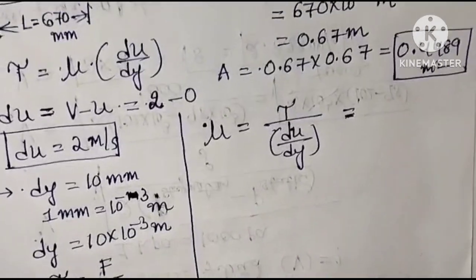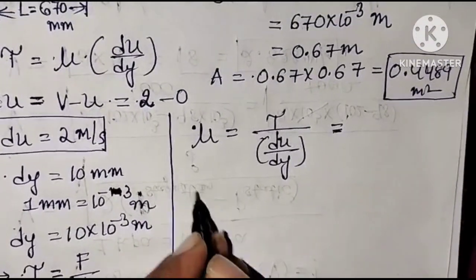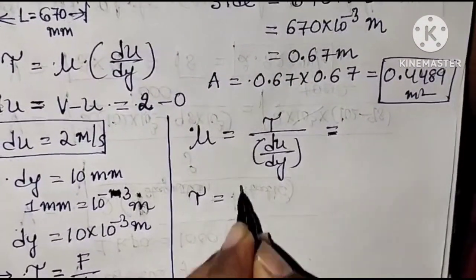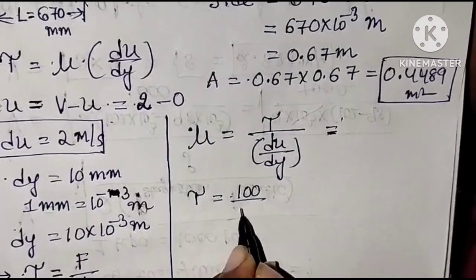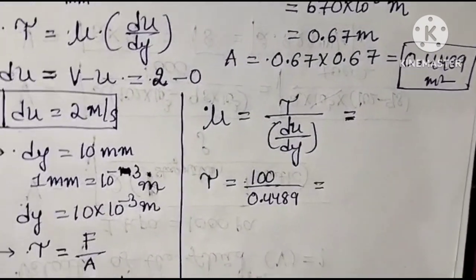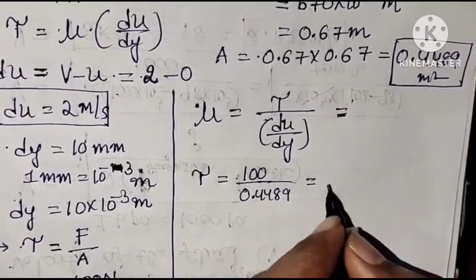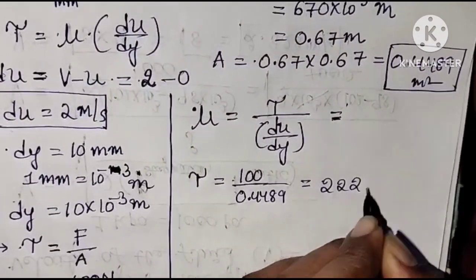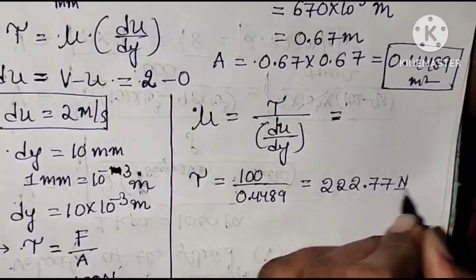Tau is equal to F by A. F is equal to 100 newtons by area 0.4489. Now 100 by 0.4489, if you calculate, you will get around 222.77 Newton per meter square.